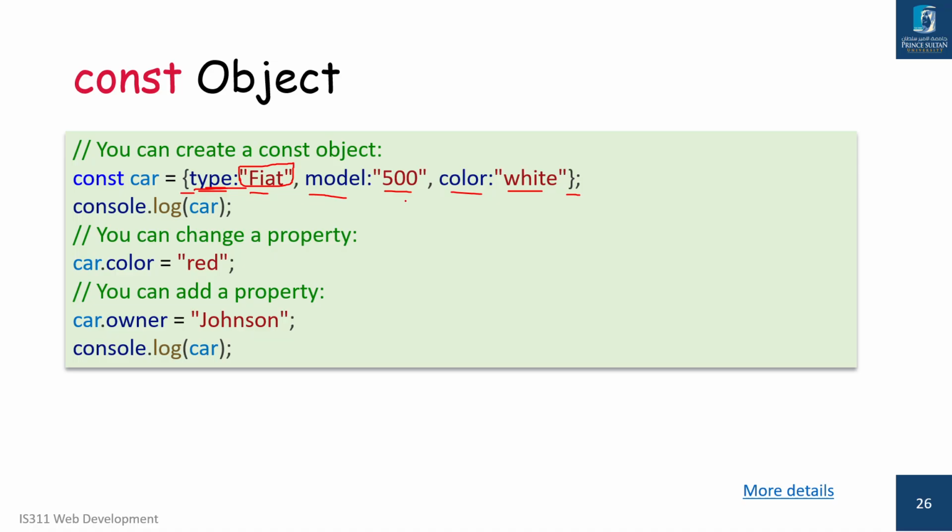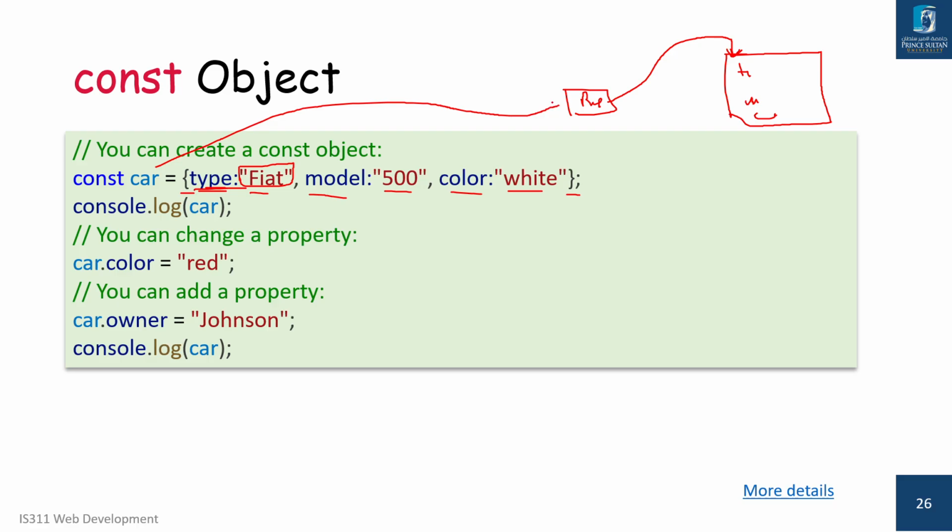Because this object actually contains the type, then the model, then the color. This is the actual object of the class. And then the car is a reference which has the location where that object exists. So this car is actually this reference, the address.